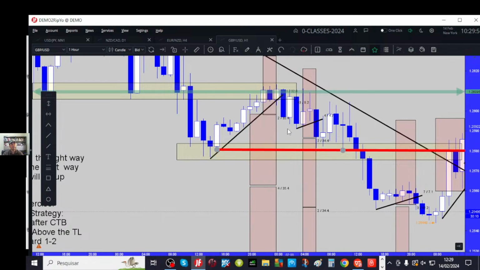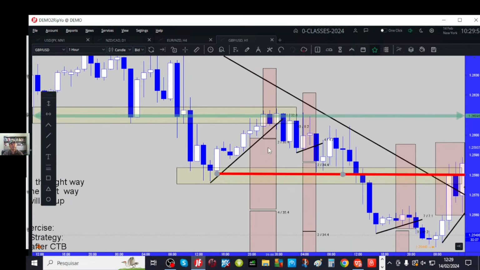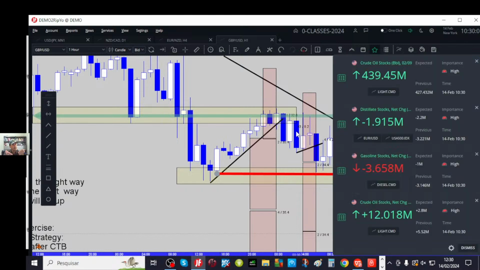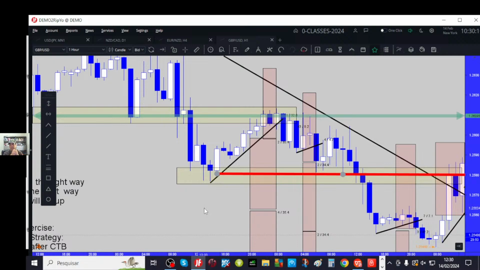All right, so I went out with half. Good news, now this is one of the difficult ones for a beginner trader to understand. Good news, I secured some profits. Bad news, I must re-enter.